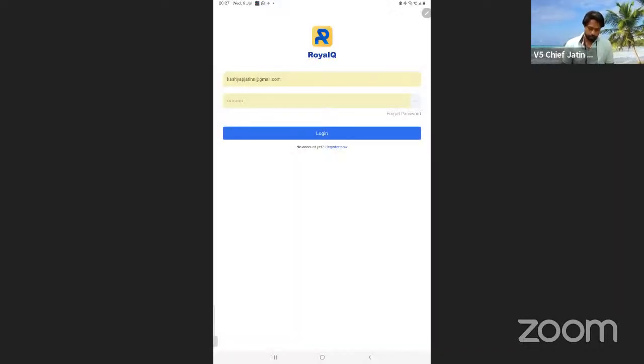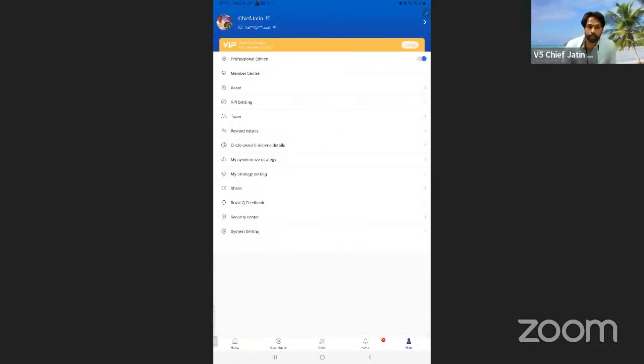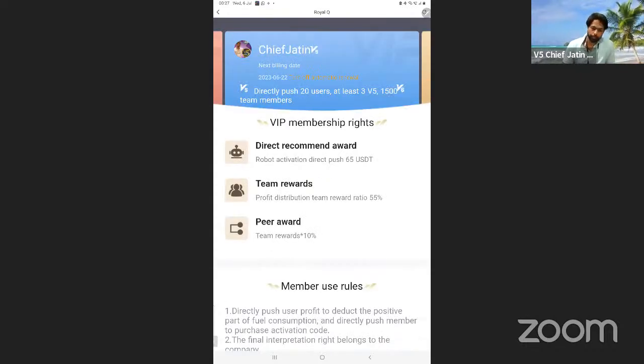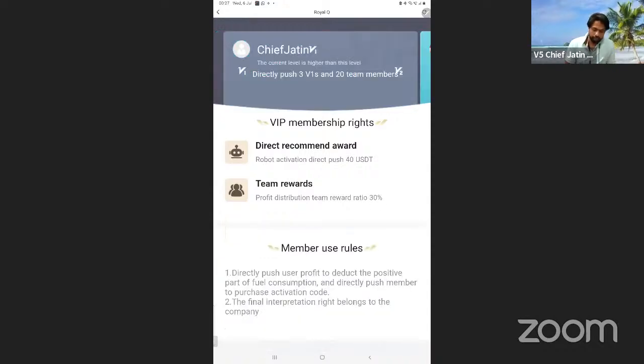I'm going to explain how Royal Q will decide. Somebody is asking, will it deduct 20 bucks? No, not 20 bucks. It is 20%, which is a very small amount.